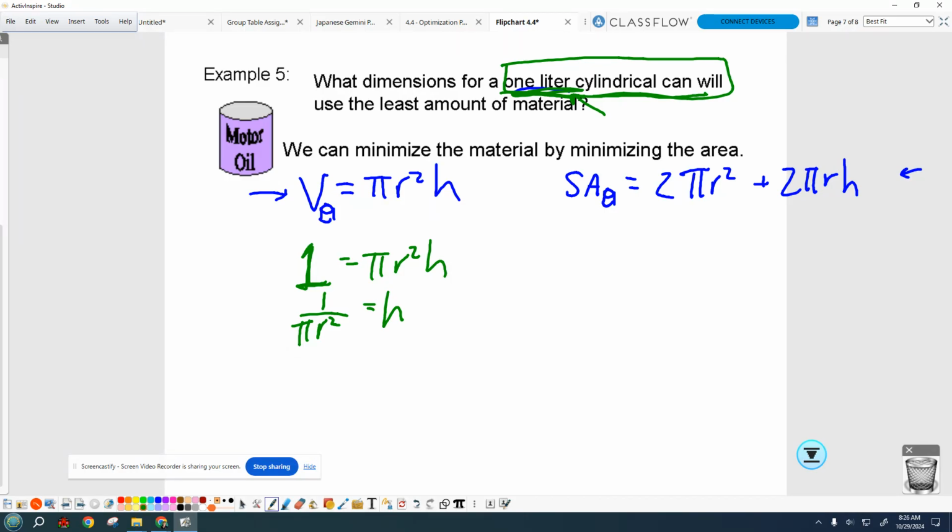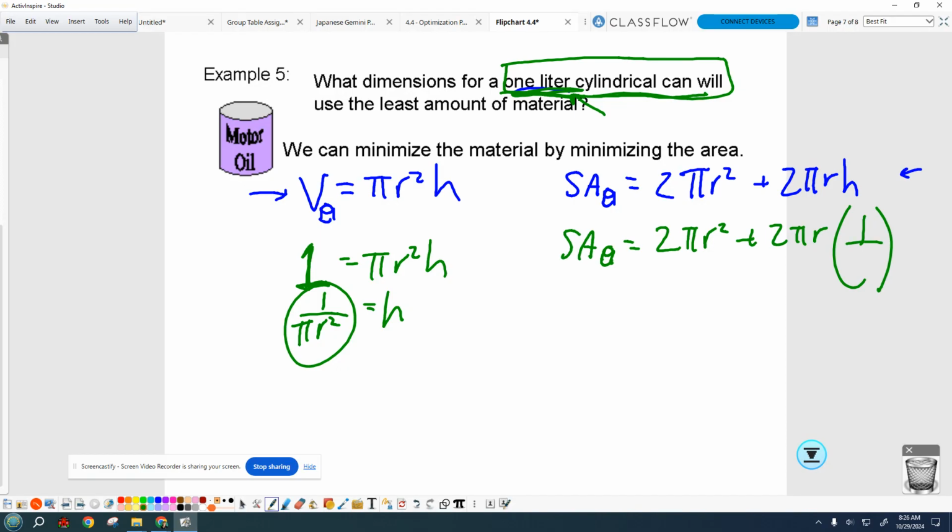Franco, same question as before. I want all this to be R's instead of R's and H's. How do I get rid of the H's? Plug it in, pi r squared. So put that in instead of H. Okay, so 2 pi r squared plus 2 pi r times 1 over pi r squared. Do that derivative, see what you get.